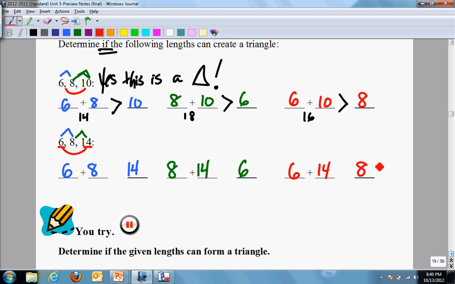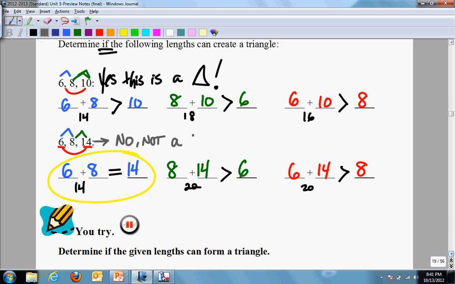Let's check. 6 plus 8 is 14. Here, 14 equals 14. 8 plus 14 is 22. That's greater than 6. 6 plus 14 is 20, which is greater than 8. But because this is not greater than all 3 times, we would say this combination of sides is no, it is not a triangle.